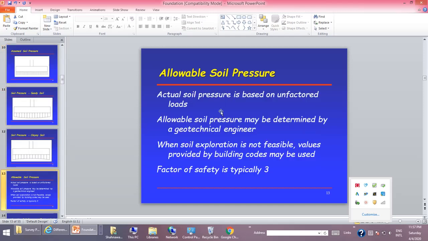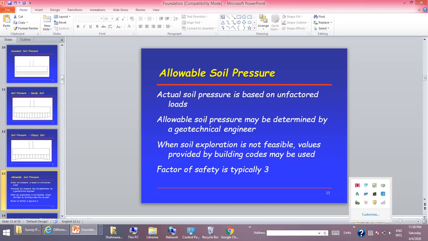Then we have to calculate the allowable soil pressures. Actual soil pressure is based on unfactored load. So if we are calculating the soil pressure, we have to calculate based on unfactored load. We will not multiply the factor of safety to the load. Allowable soil pressure may be determined by a geological engineer when soil exploration is not feasible. Values provided by the building codes may be used.